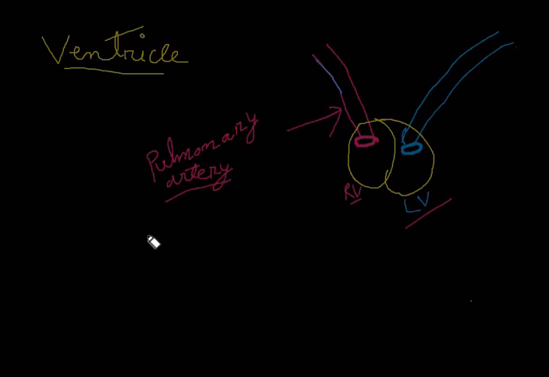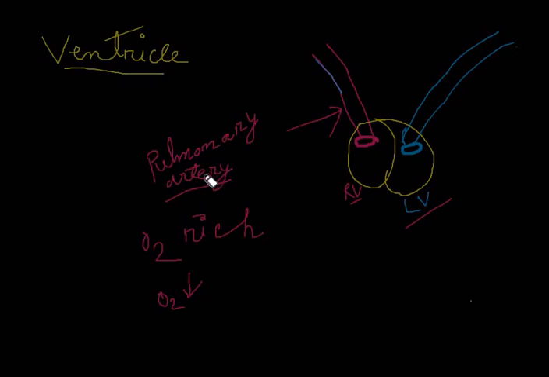Oxygenated blood means oxygen-rich blood, with a sufficient amount of oxygen, and blood in which the amount of oxygen is less is called deoxygenated blood.